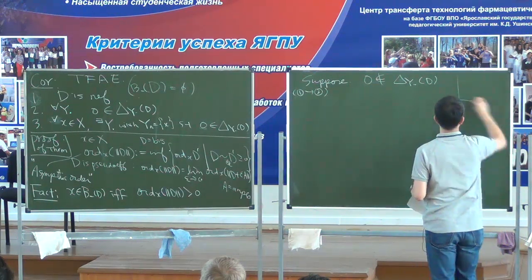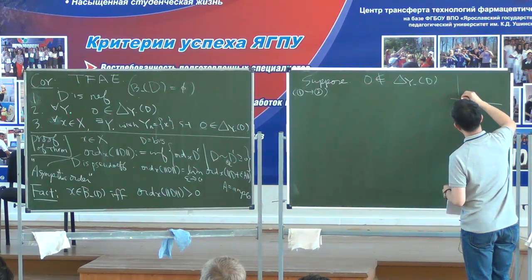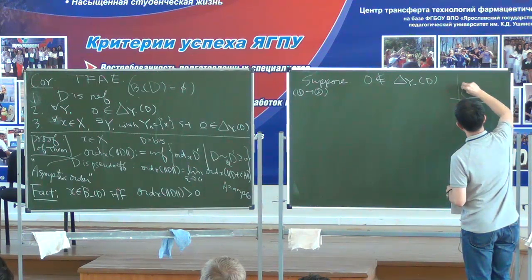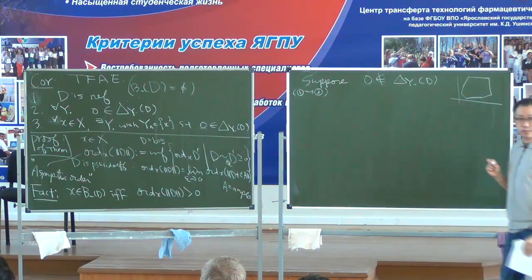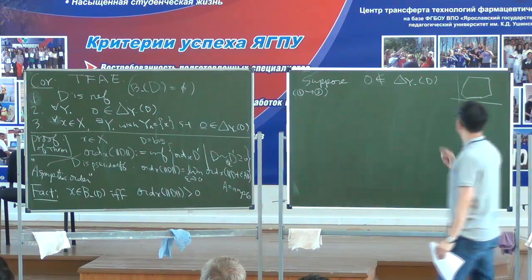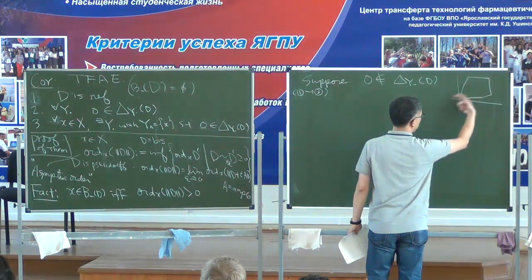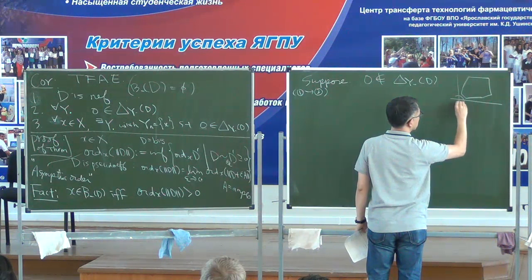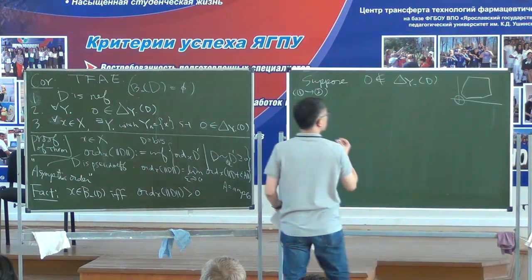Then the picture looks like this. So the origin is not contained, so it must look like this. Okay. So it's away from the origin, so you can take some small epsilon neighborhood. Okay.